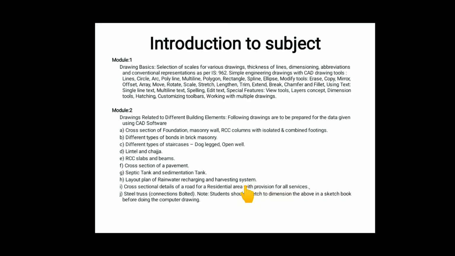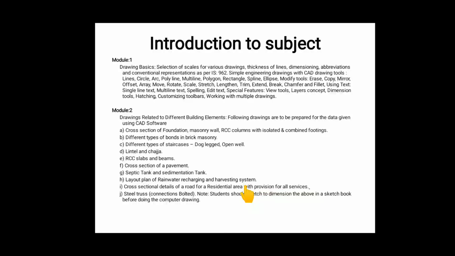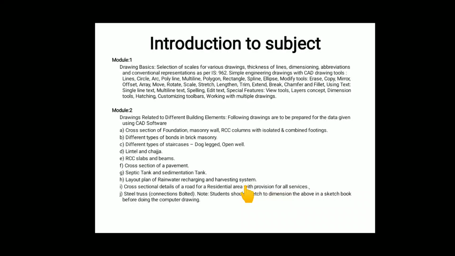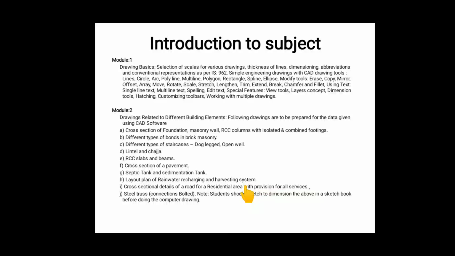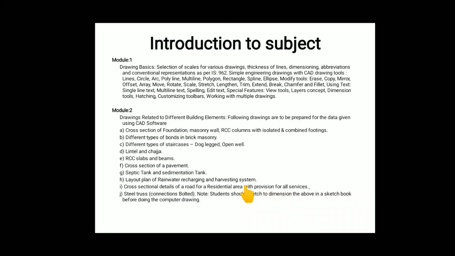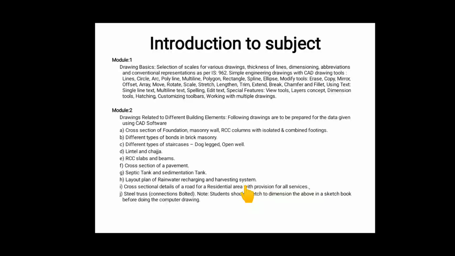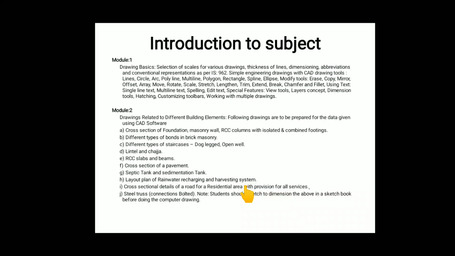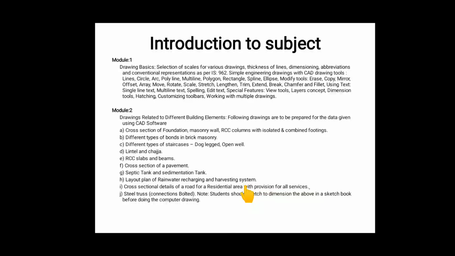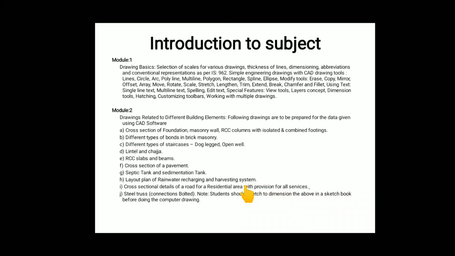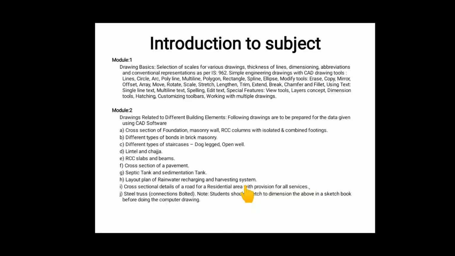Here you're going to study the cross section of a foundation, masonry wall, column footing, combined and isolated footing, types of brick masonry, different types of staircases, lintel and chajja, RCC slabs and beams, cross section of pavement, septic tank and sedimentation tanks, a rainwater recharging and harvesting system, cross sectional details of a road for a residential area with the provision of all services, then steel truss.